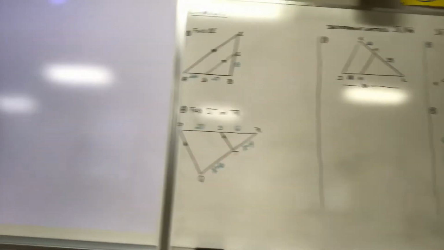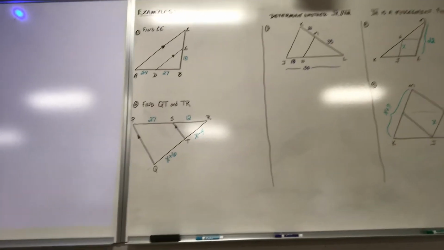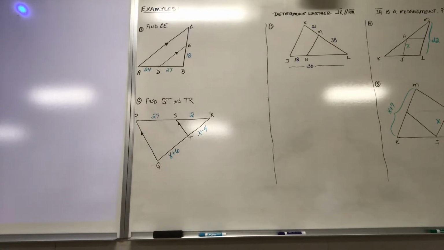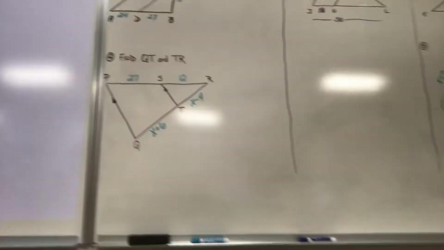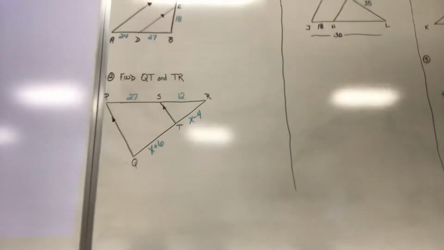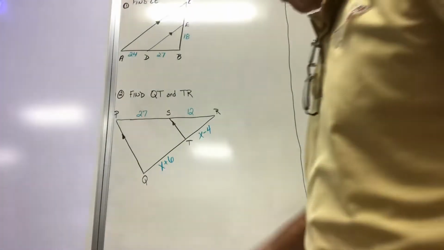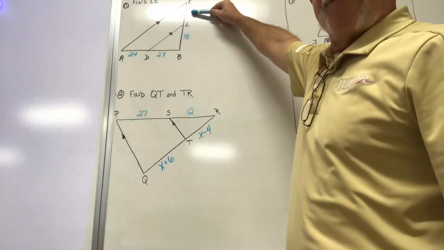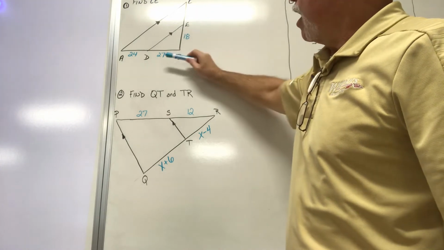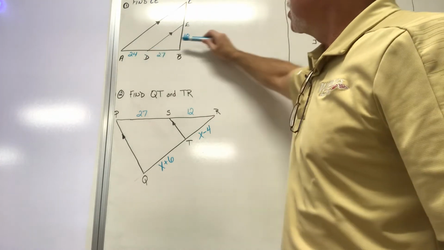On our first two examples, all we are doing is finding missing parts. So, get you a little bit closer here, so hopefully you can see this. I need to find CE. I have this, this, this.